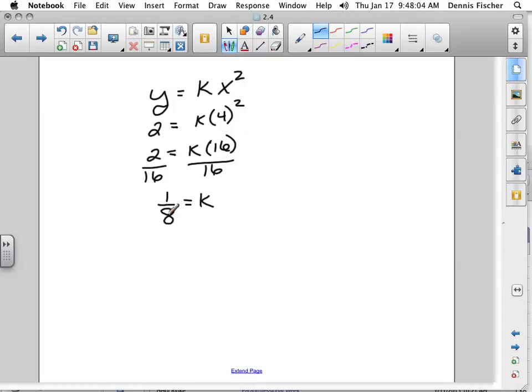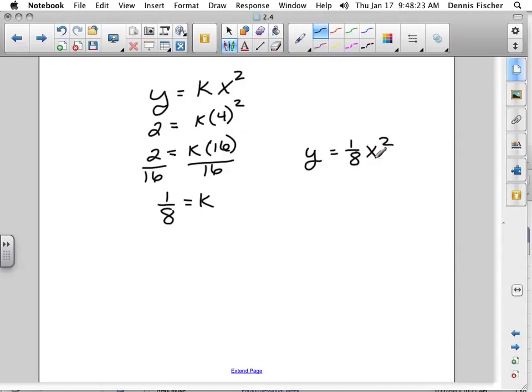Okay? I'm going to rewrite my equation. Now, where's my error? I really didn't have an error yet. I'm going to say y equals 1/8 x squared. Now, the second part of this question says y is 3 when x is 9.